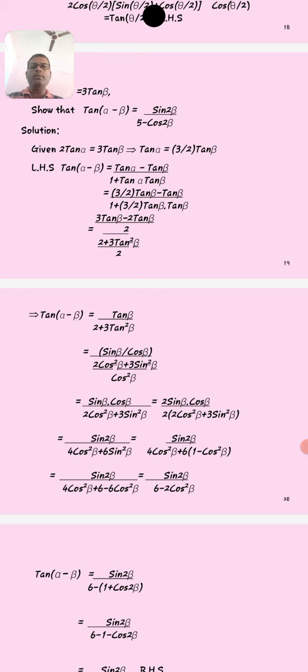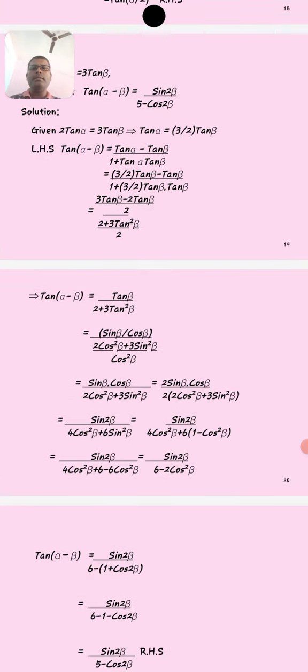Now we do the simplification, and we get 3 tan beta minus 2 tan beta by 2, divided by 2 plus 3 tan squared beta by 2. Now tan of alpha minus beta is equal to, the denominator 2 cancels, and we get tan beta by 2 plus 3 tan squared beta.